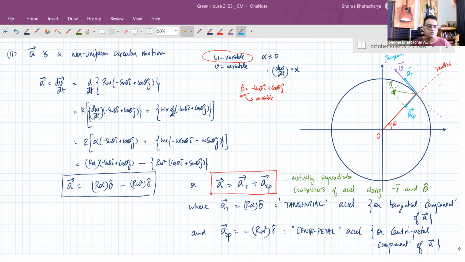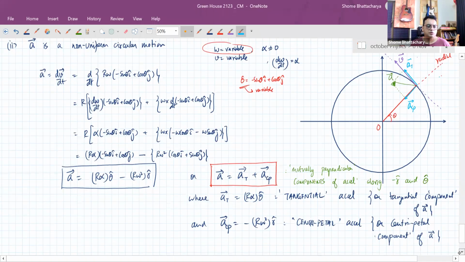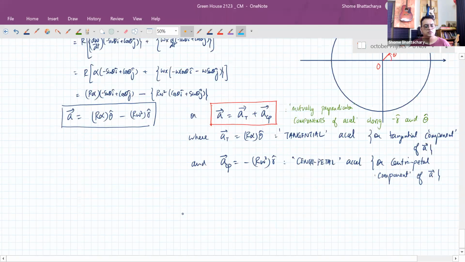Okay, so the final aspects to remember about this. The magnitude of the centripetal acceleration, which is omega square r, can also be written as v square by r or v into omega. And the magnitude of the tangential acceleration, which is r alpha, can also be written as this, because alpha is d omega by dt and capital R is constant.